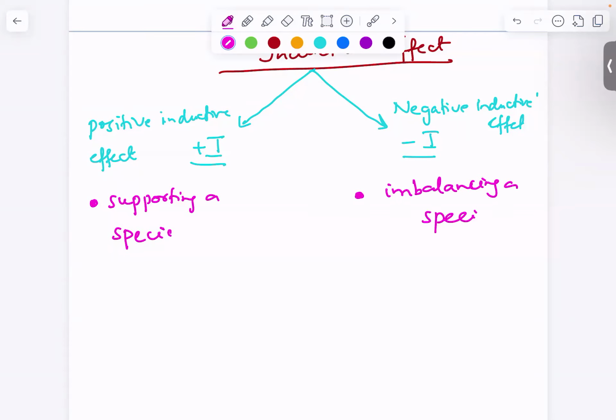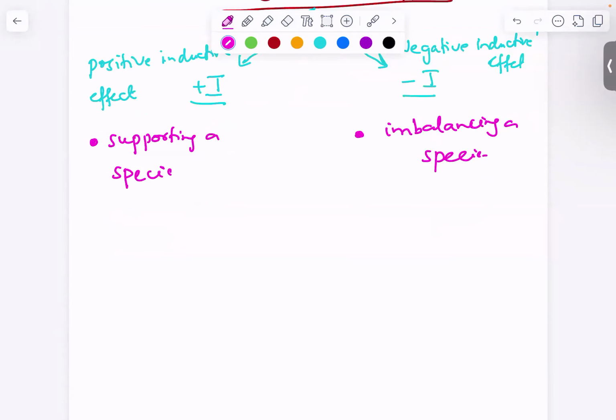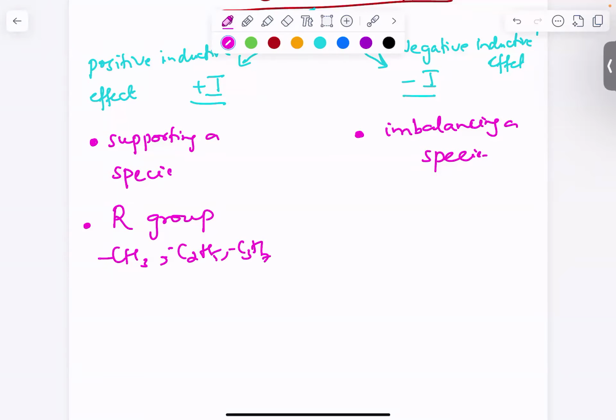Positive inductive effect is given by R groups, that is CH3, all R groups: methyl, ethyl, propyl, butyl, pentyl, and so on.